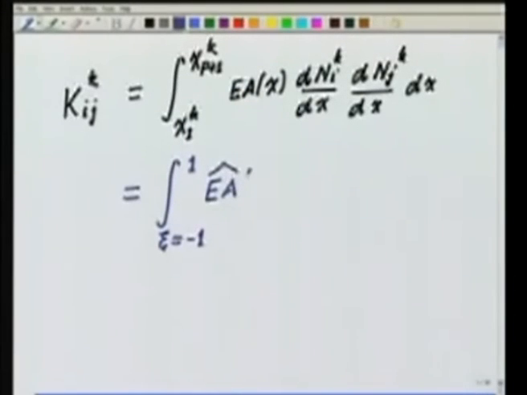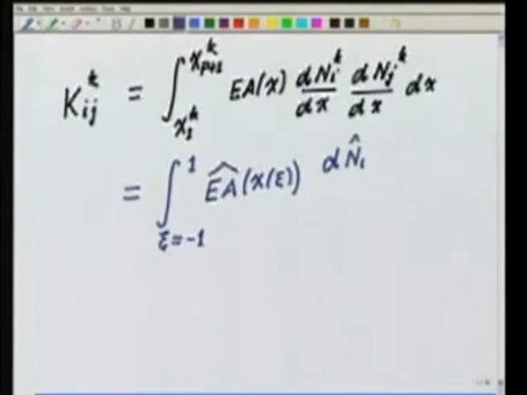EA will be replaced by EA hat, which is a function of psi. dN_i^k/dx will be replaced by dN_i hat/d psi into d psi/dx.